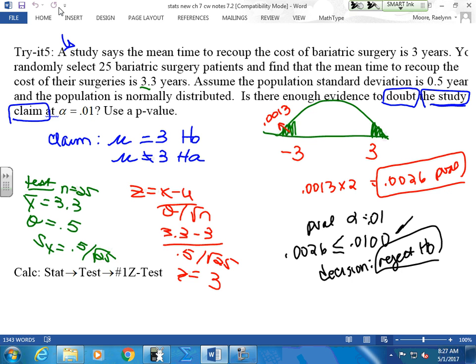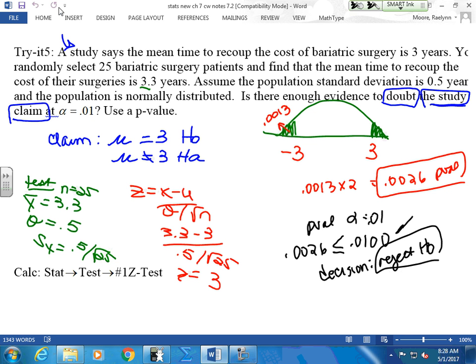I rejected it. I didn't agree with it. My evidence does not agree with it. So I say, there is enough evidence at a level of significance of 0.01 to reject the claim that the time to recoup the cost of the bariatric surgery is 3 years. That's my final statement. That's my statement to whoever asked me to research this.